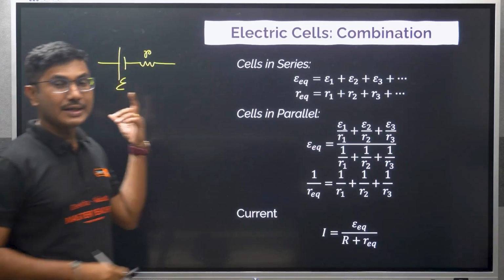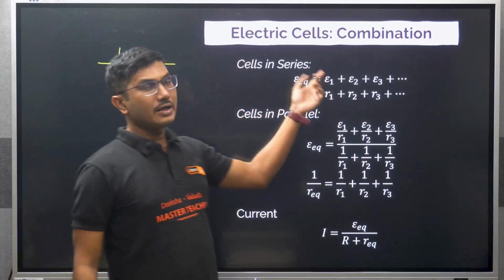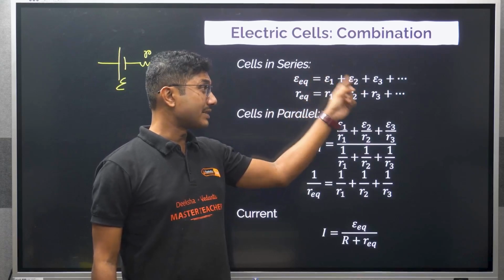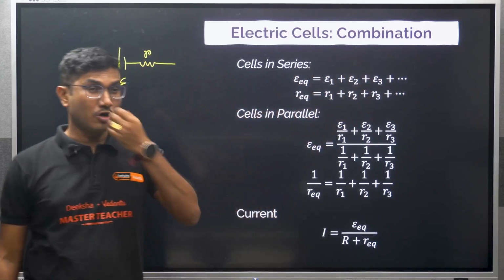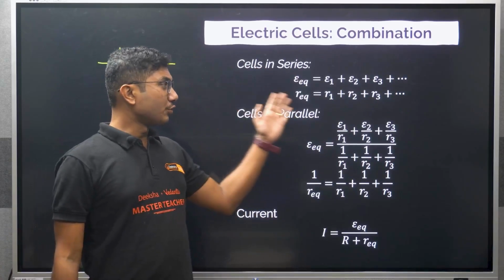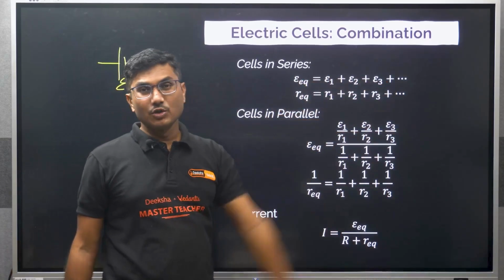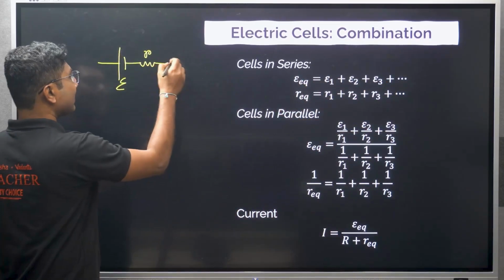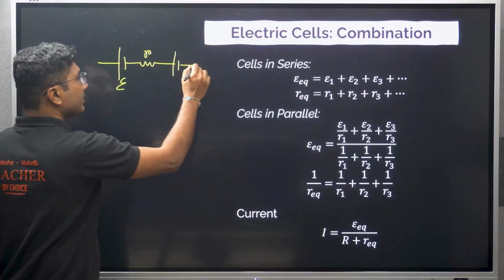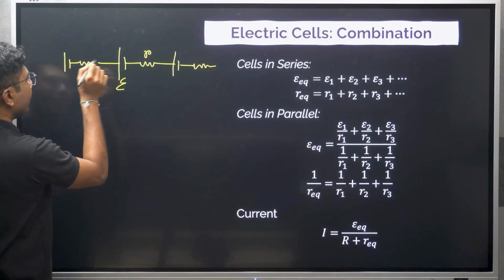Now if you combine such cells in series, the total equivalent EMF is given by epsilon 1 plus epsilon 2 plus epsilon 3, and so forth. So in series combinations, EMFs get added. Also the equivalent resistances get added. Here we have assumed everything is connected plus to minus, like this. Only then can you add all of them.